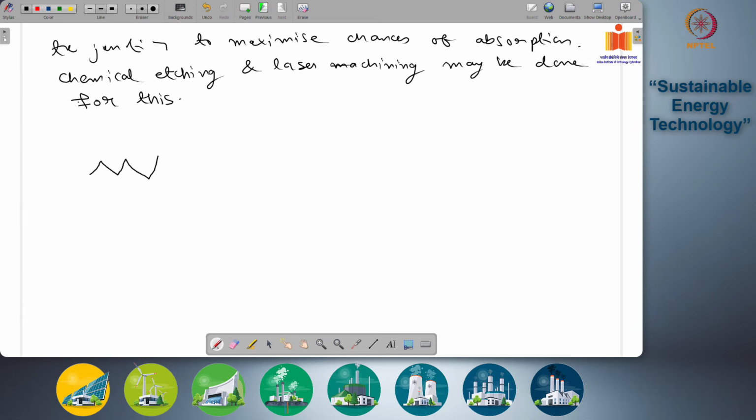So this increases the local angle of incidence for the solar cells. Say this is the bottom surface. Solar light is coming from the top, and since the local angle of incidence with respect to the normal is large, it gets reflected here and goes back like this.